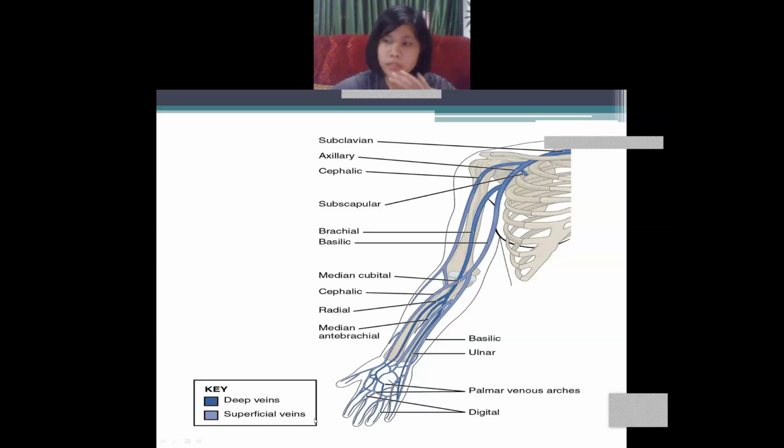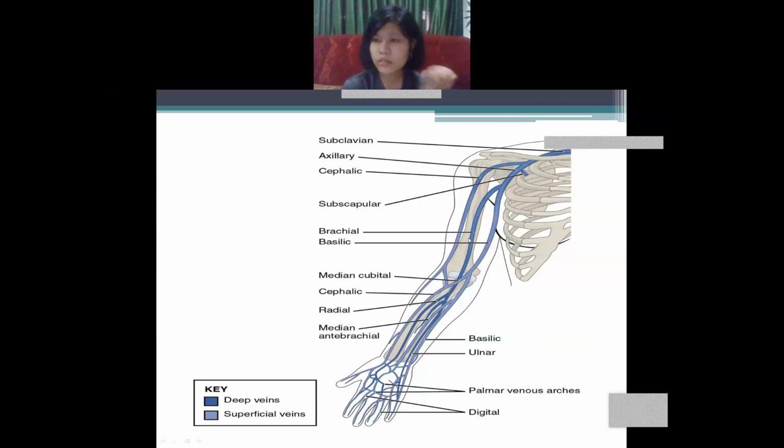You can see from the picture itself, they are darker. The darker portion is known as the deep veins, and a bit lighter than the deep veins is known as superficial veins. All these are a bit light compared to the deep veins, so all these are known as superficial veins.